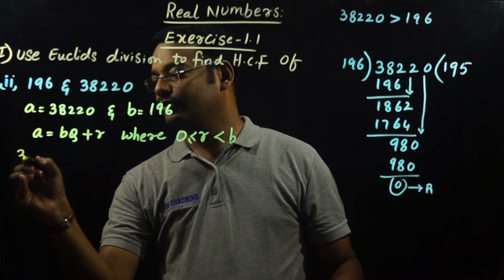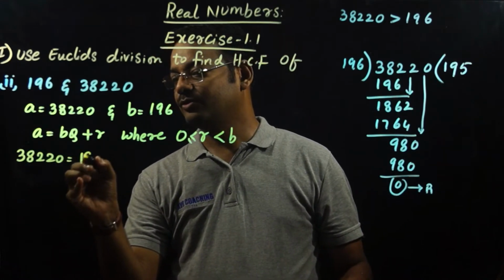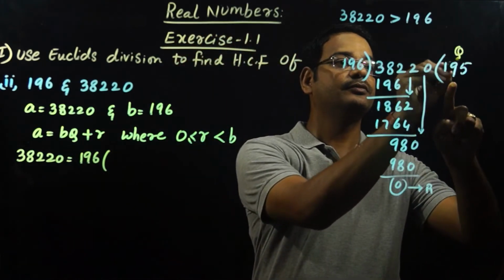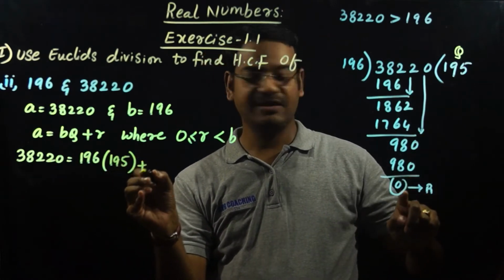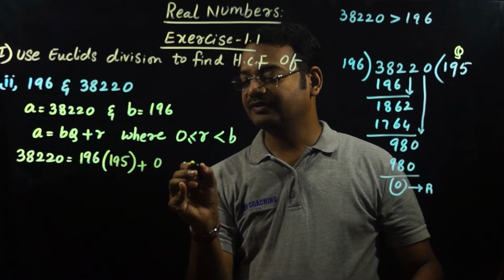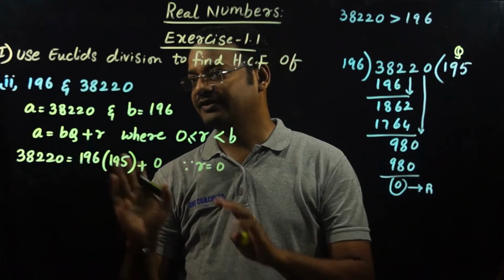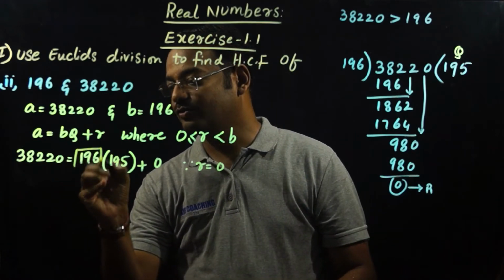So a is equal to 38220, b equal to 196. Now from here q is 195 and remainder is 0. Since r is equal to 0, we'll stop Euclid's division lemma here and take the b value.